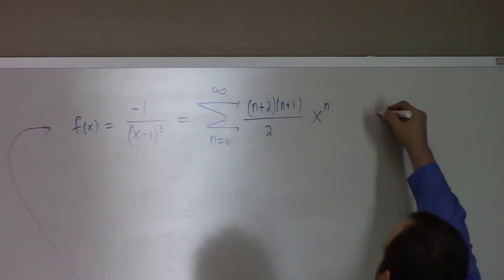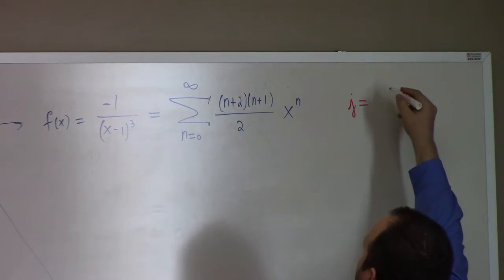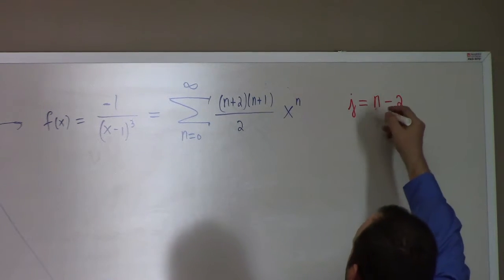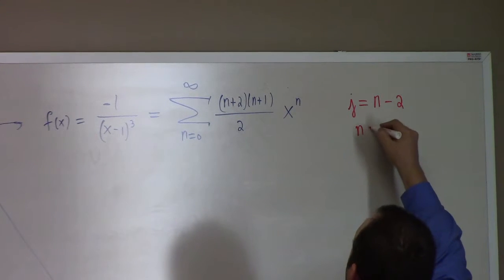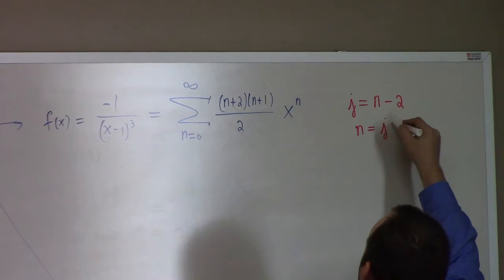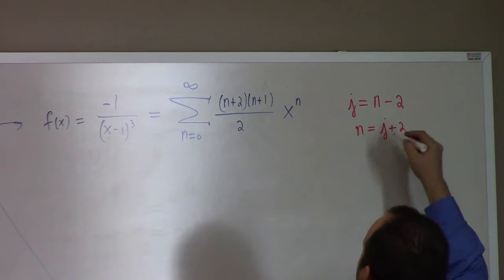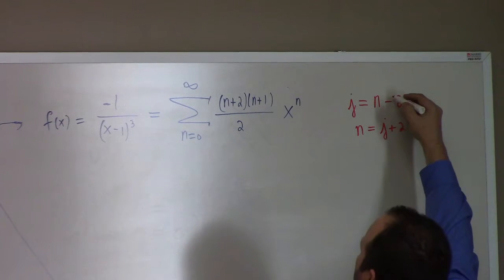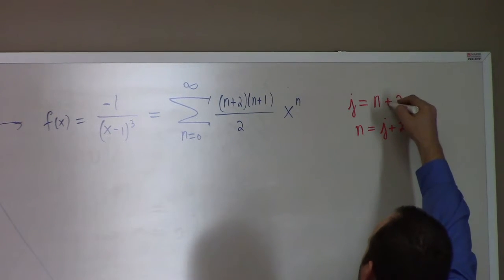So if I let j equal to, let's say, n minus 2, then, in other words, n is equal to j plus 2. When n equals 0, oh, I can't do that. I did it the wrong way. I think n plus 2? Yeah, j equals n plus 2. I'm sorry, I'll get it right eventually.